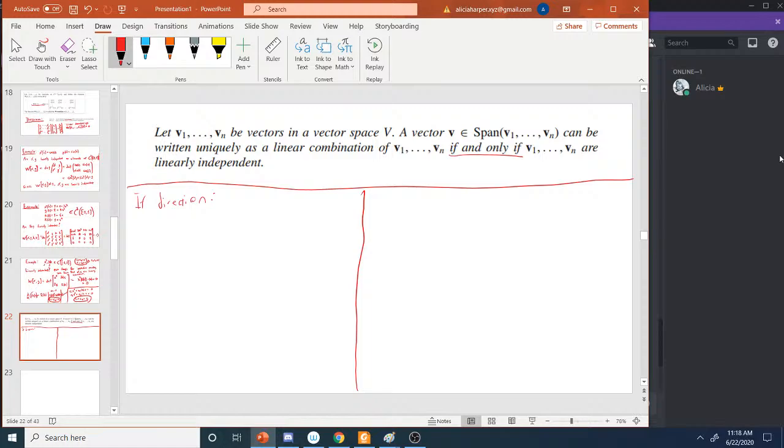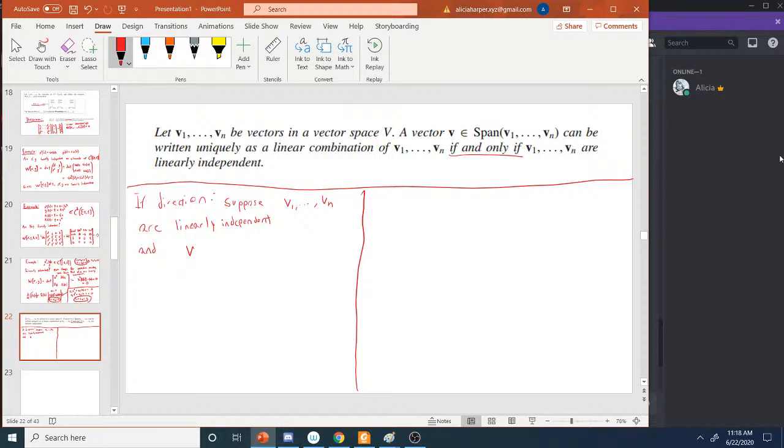So suppose v1 through vn are linearly independent, and let's suppose we can write V as a linear combination of v1 through vn in two different ways.